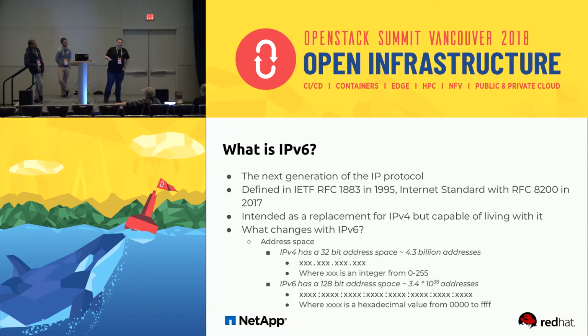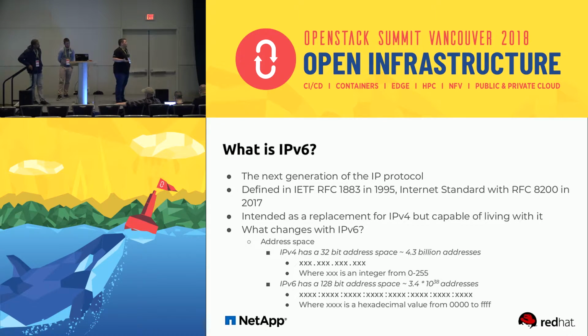And the big change with IPv6 is the addressing space. IPv4 has a 32-bit address space expressed in a format that we're all pretty familiar with, where you have 4 octets where the X's are integers between 0 and 255. So you get about 4-something billion spaces.